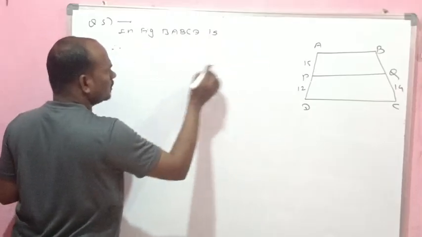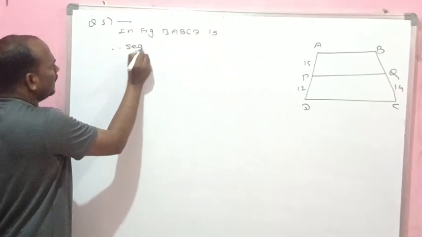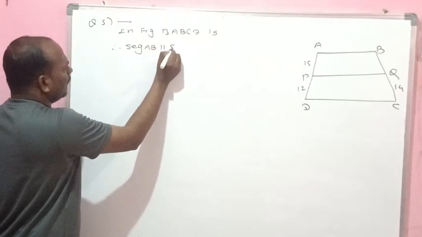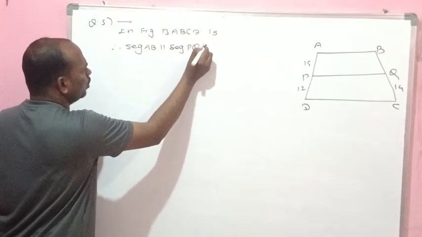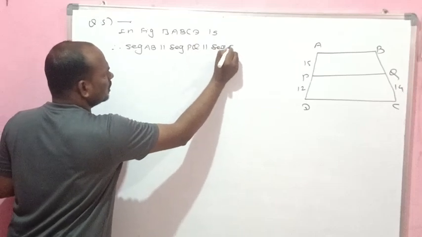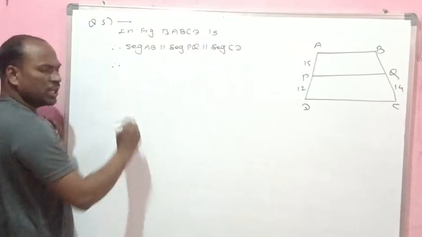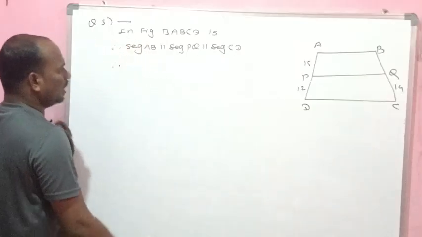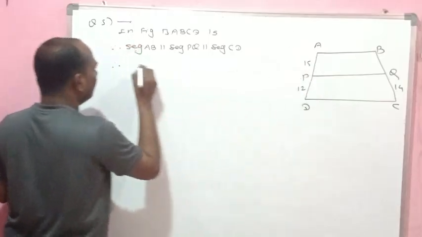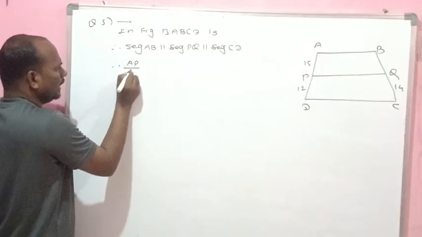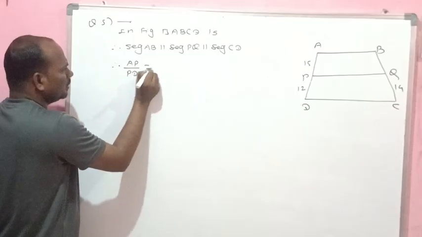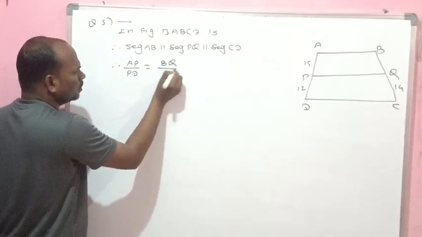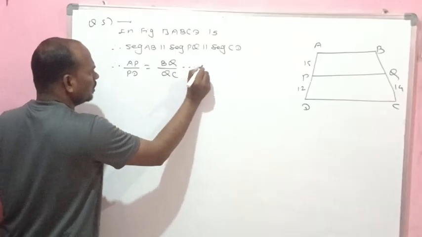Therefore sec AB parallel to sec PQ and parallel to sec CD. Now therefore we can use property of intercept of three parallel line. Therefore AP divided by PD is equal to BQ divided by QC.